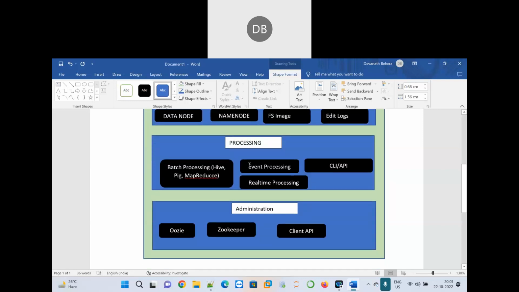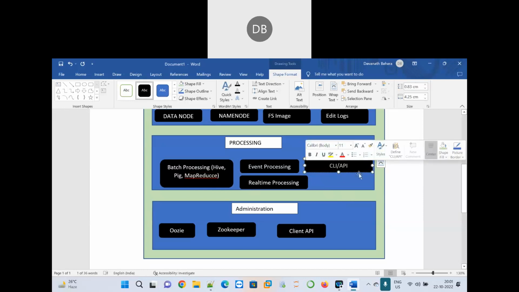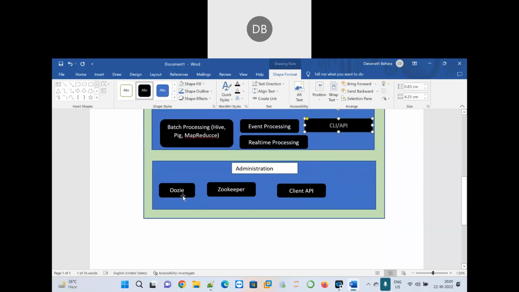We can do either batch processing, event processing, or real-time processing. If we are going to perform any batch processing, then we can use either Hive, Pig, or MapReduce. Event processing, there are separate tools. For real-time processing also, separate tools are there. Okay, and also we can process the data using the command line.